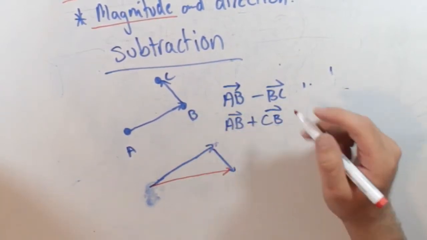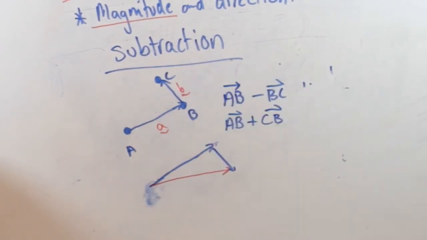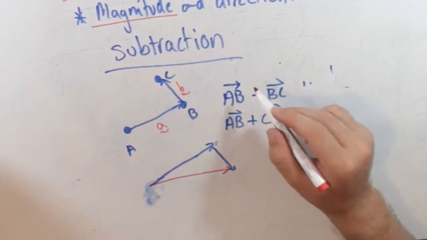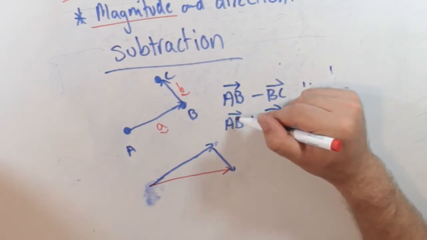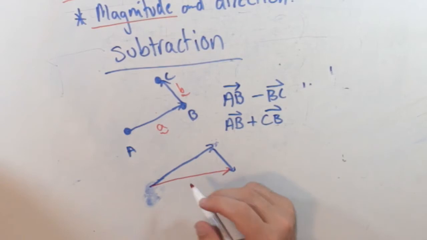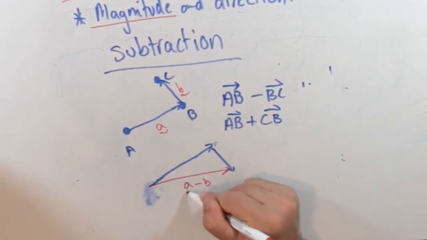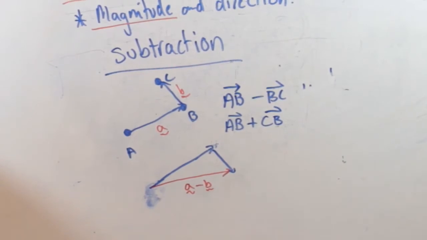So it's better to have the A and B, because I had them for these two. So it's A to B minus B to C. That might be a more convenient way to write it.